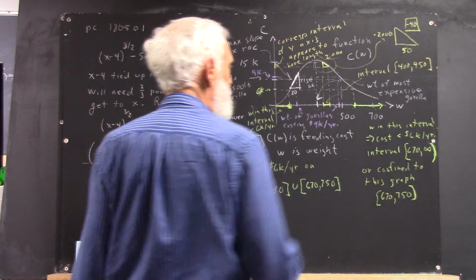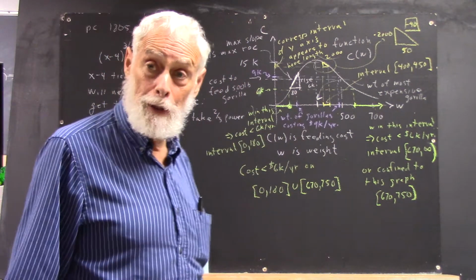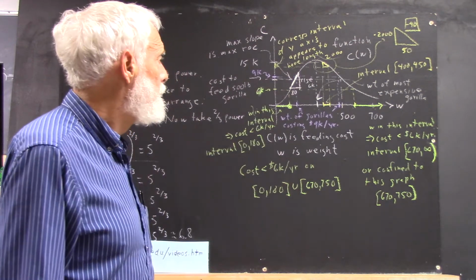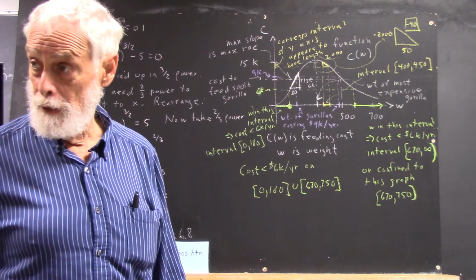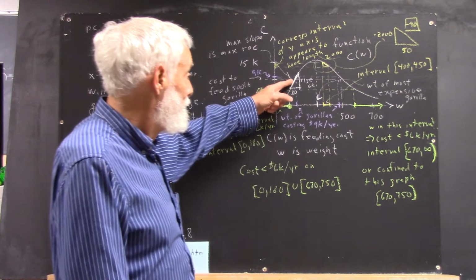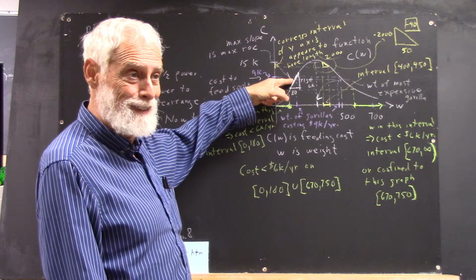Divide that by that, and you get 75. So at that point, every pound the gorilla gains is going to cost you $75 a year.